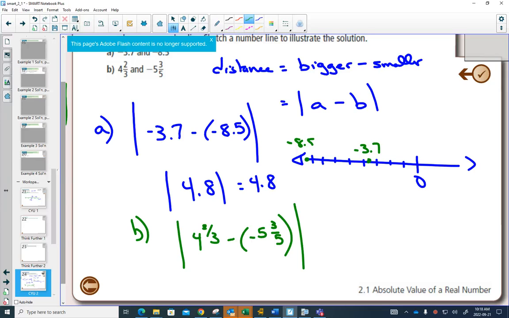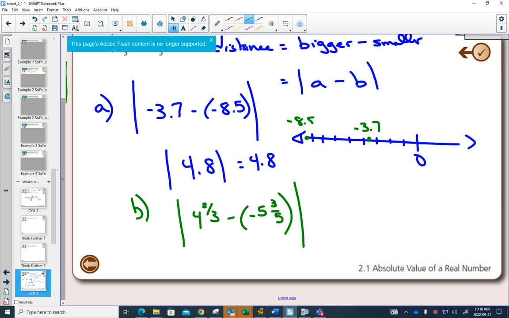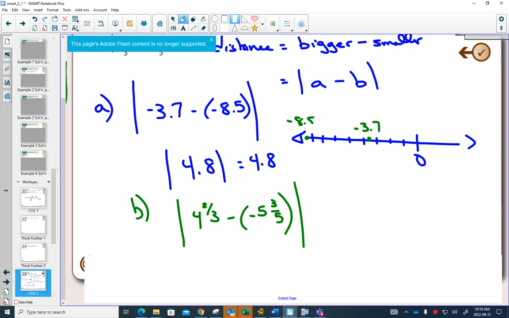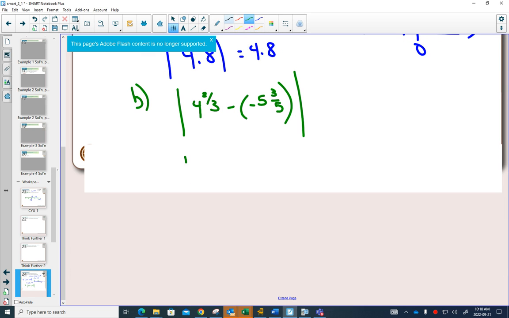Now, a little review of fractions. How do you add and subtract fractions? First of all, can you see that the inside here would be 4 2/3 minus a negative, which is adding? How do you add fractions?